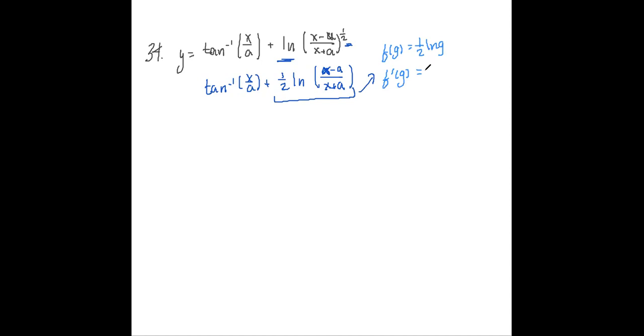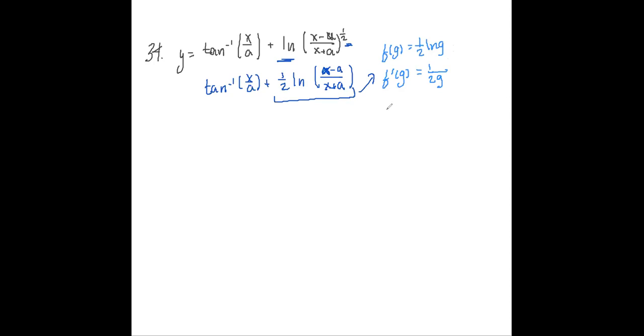What is the derivative with respect to g of 1/2 times the natural log of g? We get to keep following all of the rules that we have been using this entire time regarding constants. So the derivative is going to be 1/2 times the derivative of ln g. So it is going to be 1/2 over g. Yes, exactly.